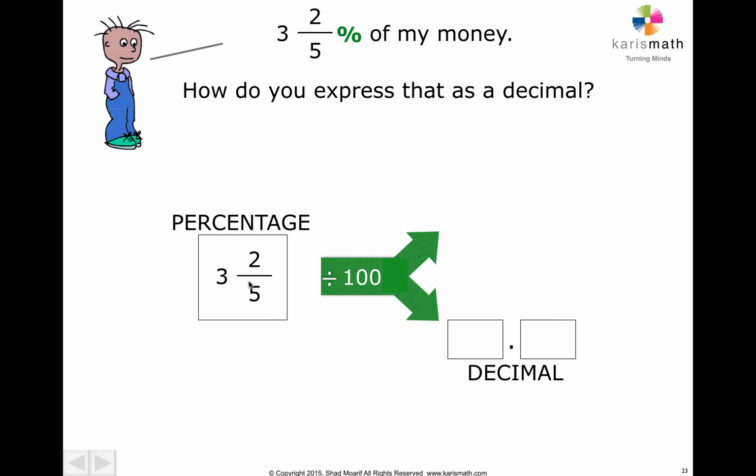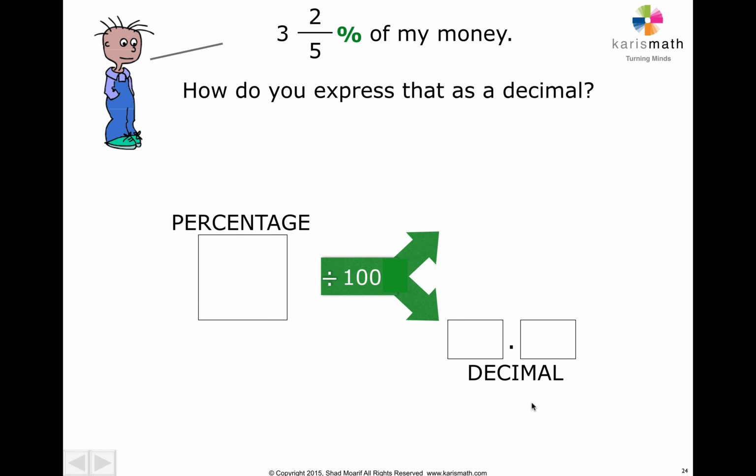What you do is take 3 2/5, which is 17/5, and then divide it by 100, which means multiply by 1 over 100, and then multiply it across, and you get 17 over 500, and then you simplify it with a calculator or whatever, and you'll get the answer 0.034. Now, you can do it this way. It looks pretty long to me. Why not do it a smarter way than this?